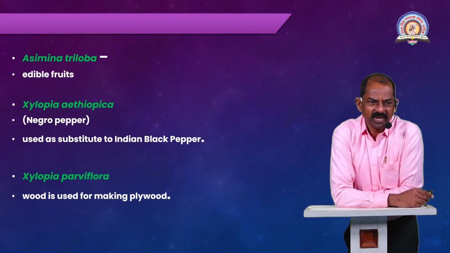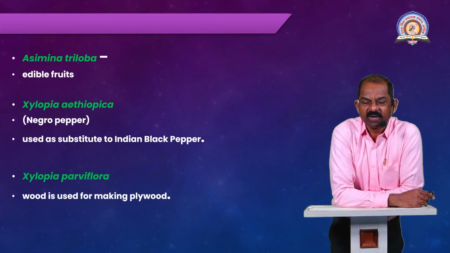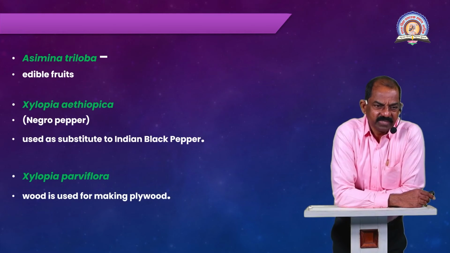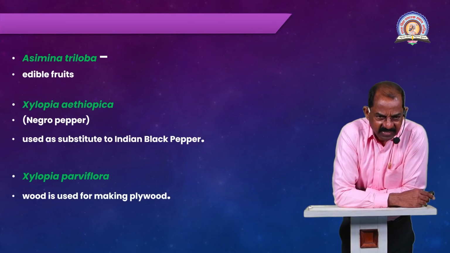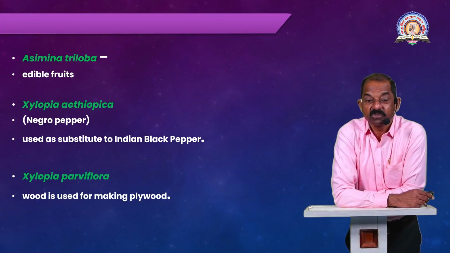Then there is Asimina triloba, from which an edible fruit is obtained. Another one, Xylopia aethiopica, is the Negro pepper and is used as a substitute for Indian black pepper, miri in Marathi.